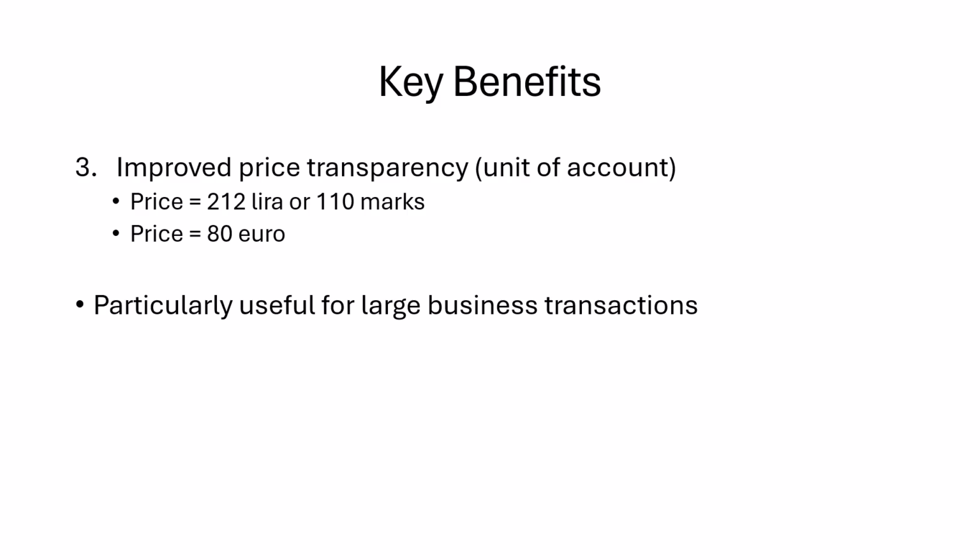As a third direct benefit of the adoption of the euro, there's improved price transparency or an enhanced unit of account. And we made a bit of a mention of this earlier, but remember, unit of account is how you value things, okay? So for example, if me and my family go on a trip to Hawaii, Hawaii is really far away.